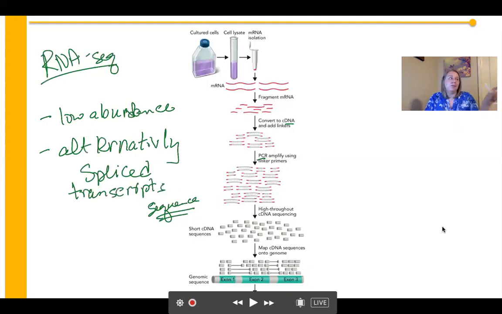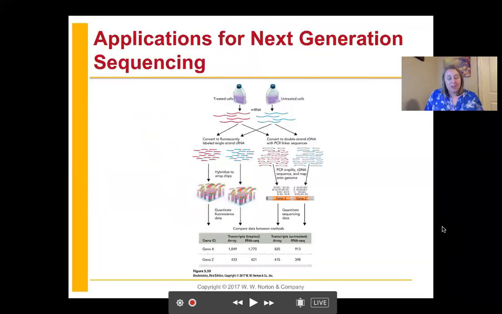Remember we talked about before where you had exons 1 through 6, and this one got exons 1 through 4, this one got exons 1, 3, 4, 5, and 6. And so you can actually see those alternatively spliced transcripts with RNA sequencing, but it's more expensive and more time consuming. So it depends. But if you're just looking for, I know my gene, is it upregulated or downregulated? It will absolutely tell you.